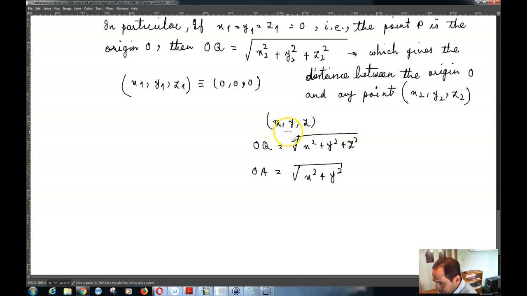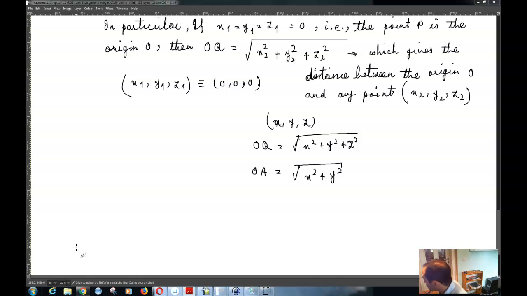So now we have a couple of examples here, so let's go through these examples one by one. Okay, so now let's do a couple of examples.